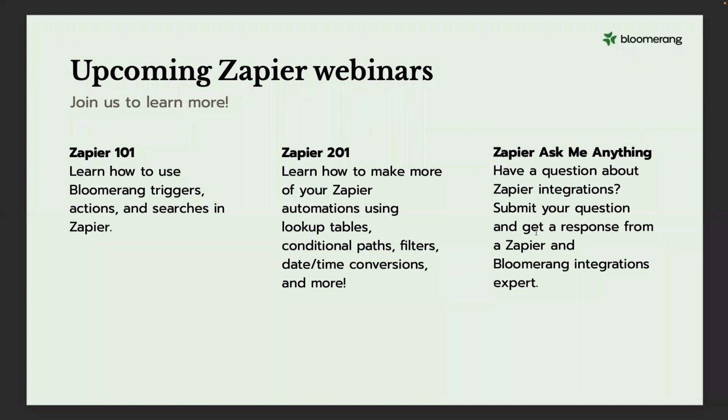And then in August, we will be hosting an Ask Me Anything style webinar where you can submit your questions about Zapier integrations and get a response from a Bloomerang and Zapier integration expert. That's more of an open forum where you can ask us anything, and we will answer those integration questions.